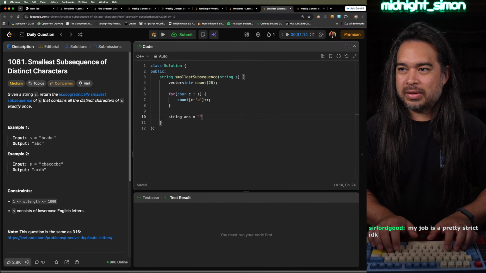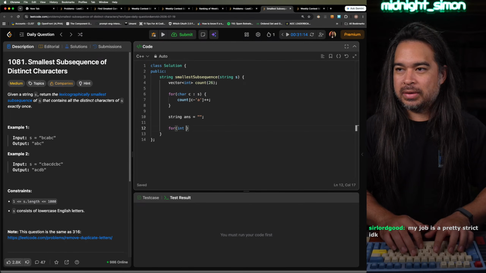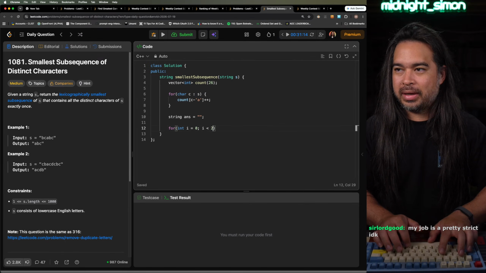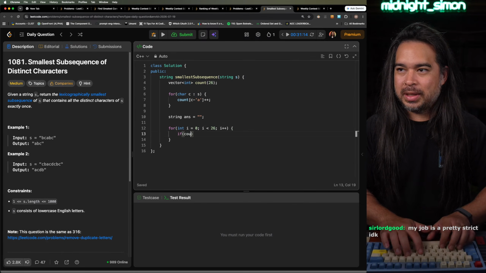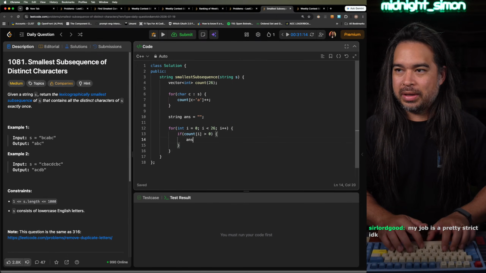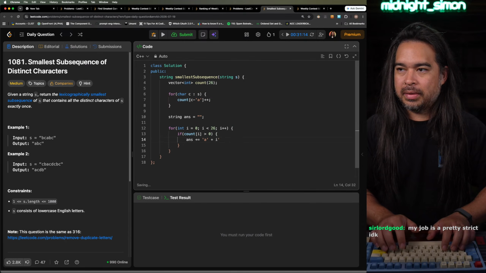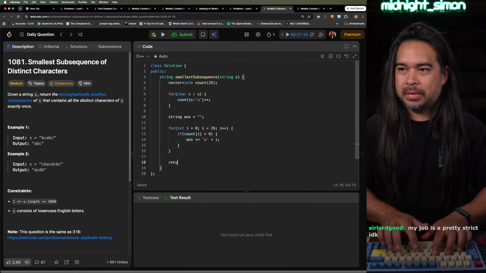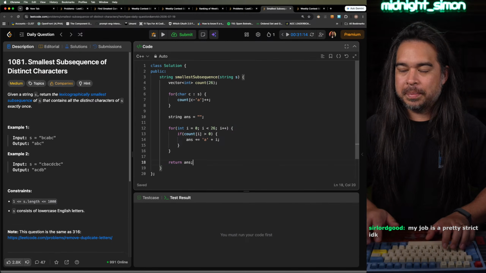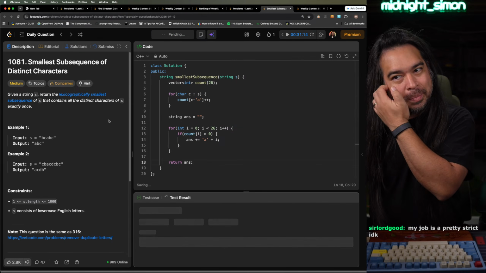I have my answer, and then I iterate over all the characters in the alphabet, all 26 letters. I'm saying if the count is greater than 0, then build a string. That's what they're asking.